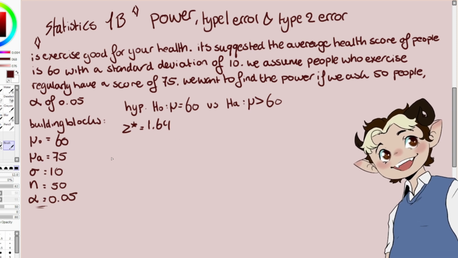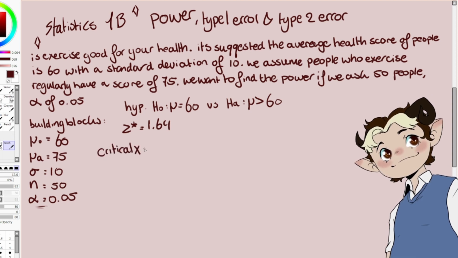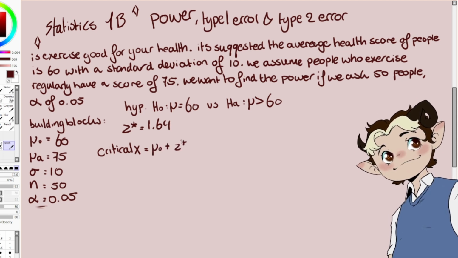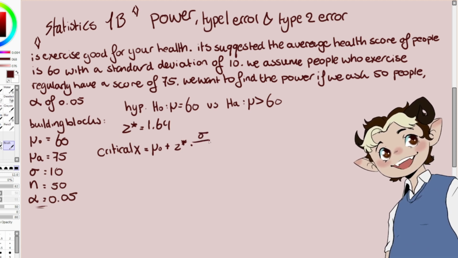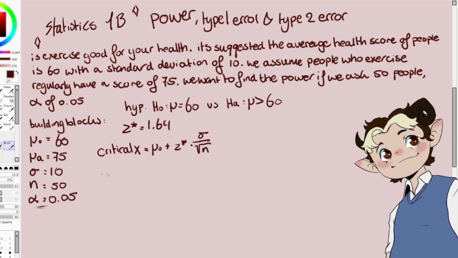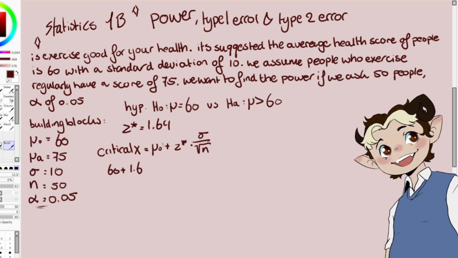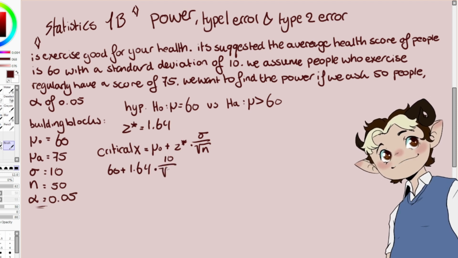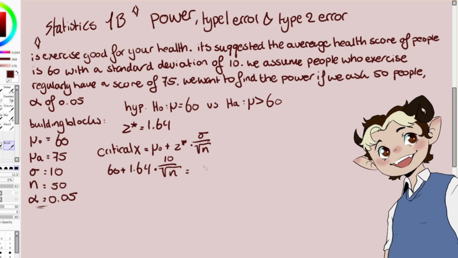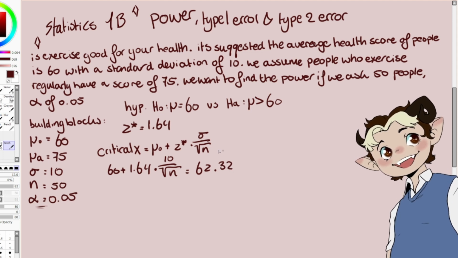So now let's plug that in to get our critical x. Critical x, which was our null plus our z value times the standard deviation divided by the square root of n. Let's plug that in. So that's 60 plus 1.64 times 10 divided by the square root of 50, which gives us 62.32. So that is now our critical x value.